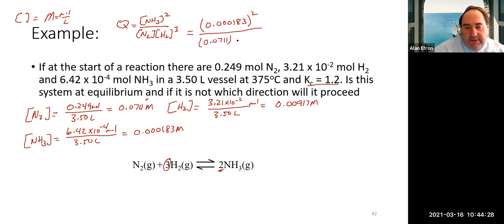And we're going to times it by our H2, which is 0.00917. Again, we need to cube it there. Doing all that math, we square the top number, divide by the bottom. Looks like we end up with 0.611 as our Q value. Any questions on how to calculate the Q value there?